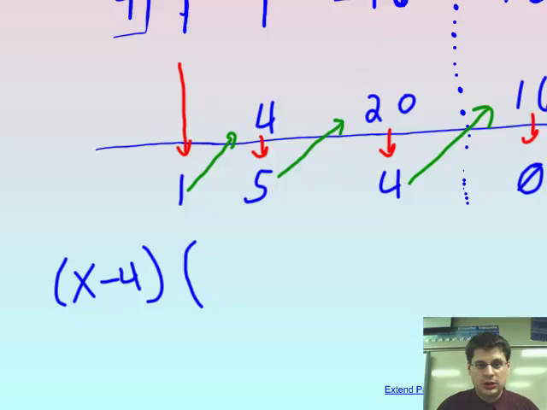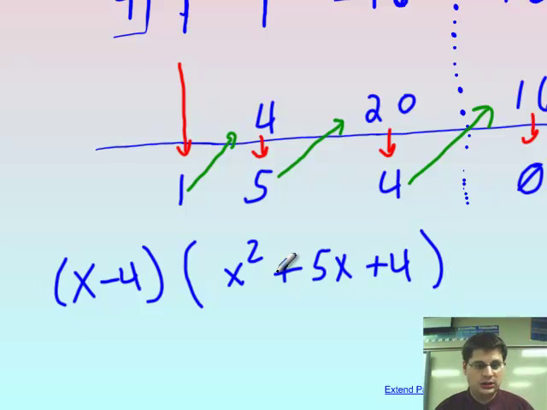So we're going to take the original polynomial here and we're going to decrease it by a degree of 1. So this one is x cubed, so now what's left over after we factor out the x minus 4 is x squared. And the coefficient of that is 1. And then 5x, and then plus 4. So decrease the degree by 1 and you have your coefficients, and there's no remainder in this case. So it is a factor. If there is a remainder, it's not a factor.